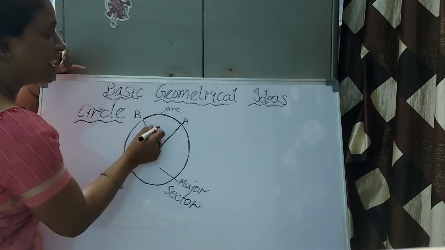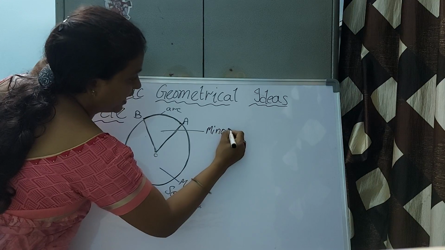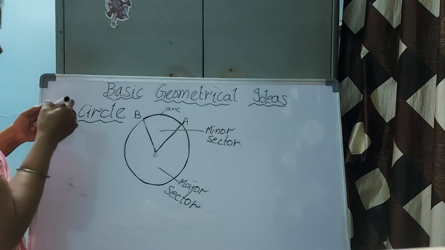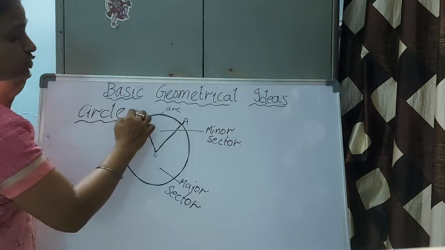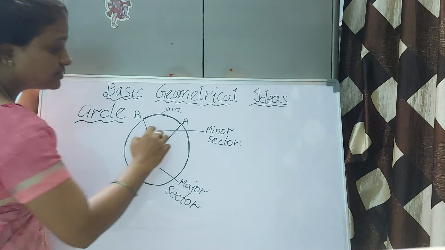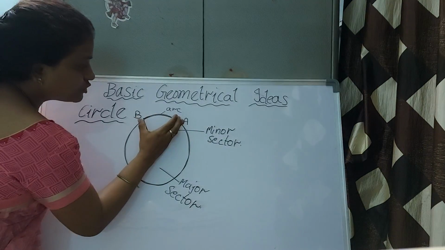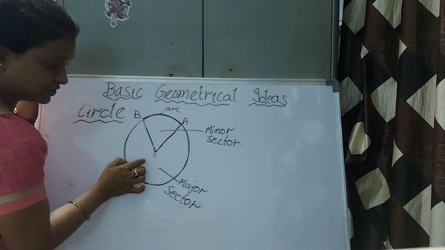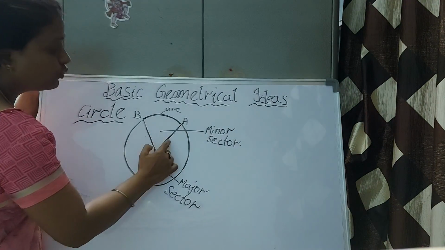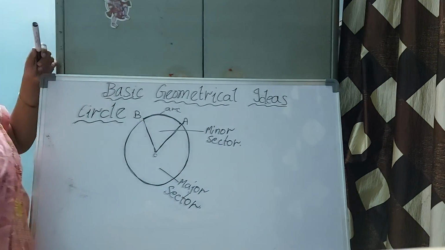And this one is the minor sector, the small one, that's why we call it the minor sector. In this circle, this is the small sector and this is the big sector. Both are sectors because each is enclosed by an arc and two radii.